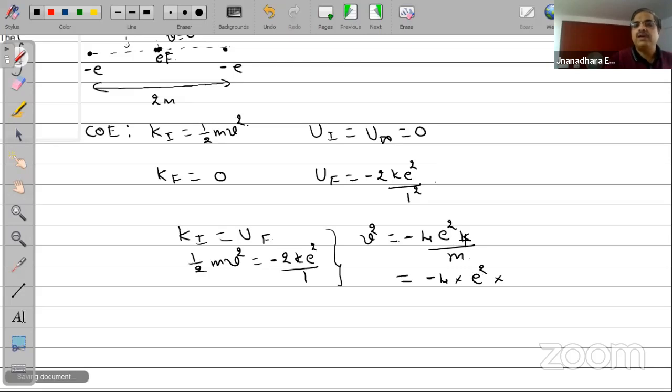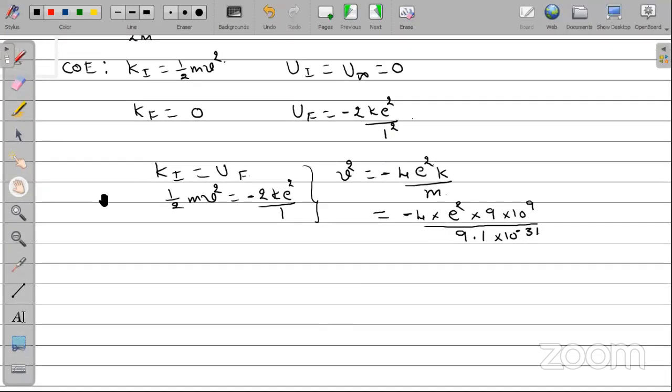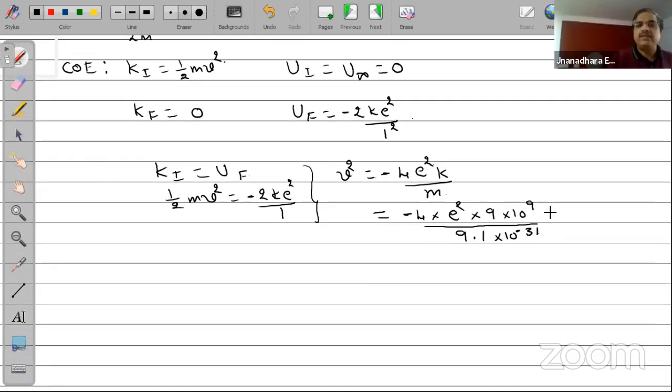K is 9 into 10 to the power 9, divided by the mass of the electron, 9.1 into 10 to the power minus 31. You take this up, it becomes plus. So this will be minus 4 into this 9.1 and 9, cancel it off. Not a big issue, we'll not be making a big mistake there. So cancel this off, you have 4 e square into 10 to the power 40. This is your v square.